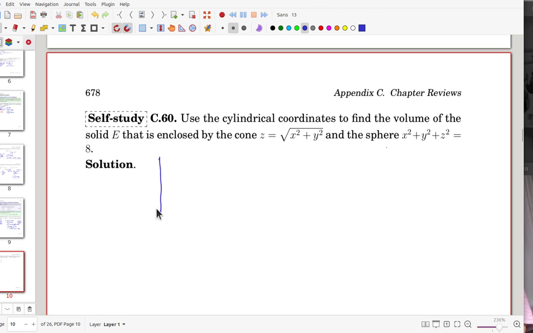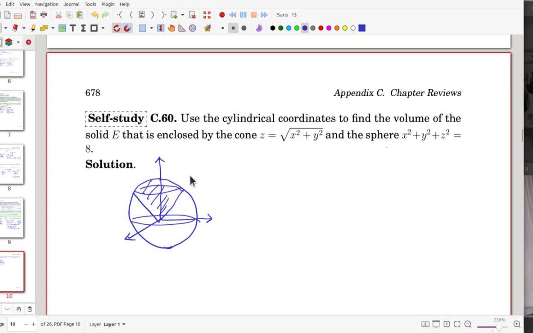We have the XYZ coordinates, and there is a sphere of radius square root of 8, and then we have a cone with a 45-degree angle. We want to find the volume of the solid E that is above this cone and below that sphere.